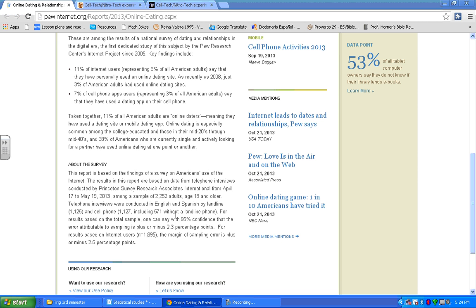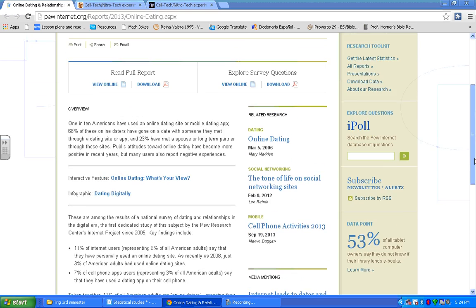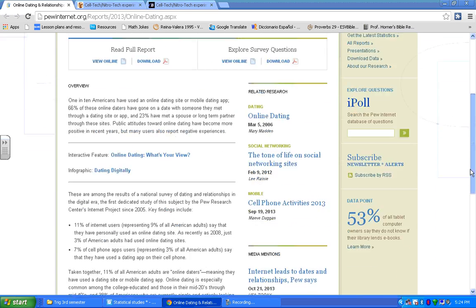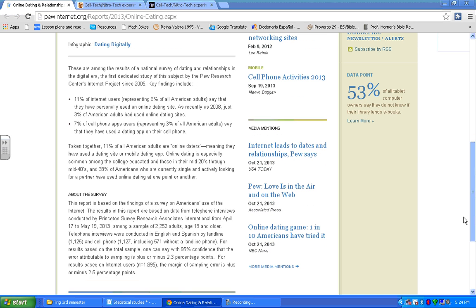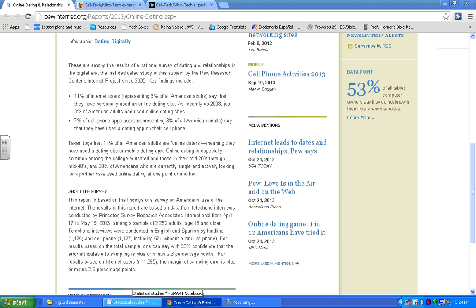So you hear there's a little information about how they conducted the survey. But the point is, they pulled all this information together in regards to online dating and relationships from this survey that they conducted. So it's always a good idea when performing a survey to have a large sample. That's why you see here that they got a sample of 2,252 adults.